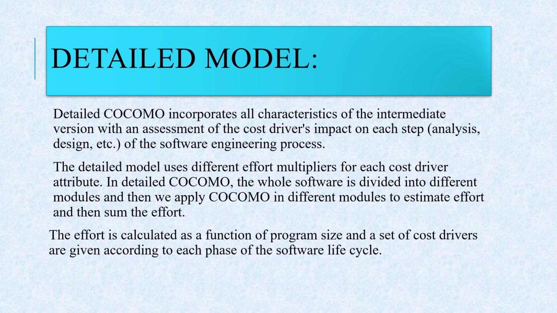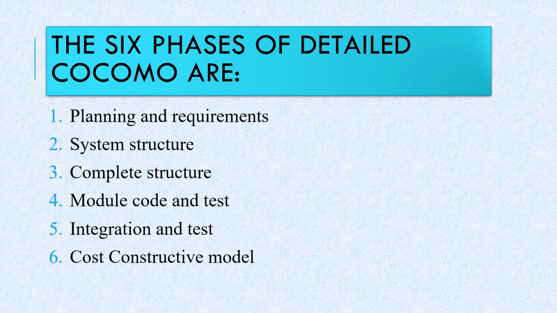In detailed COCOMO, the whole software is divided into different modules, and then we apply COCOMO on different modules to estimate effort and then sum the effort. The effort is calculated as a function of program size, and a set of cost drivers are given accordingly to each phase of the software life cycle.